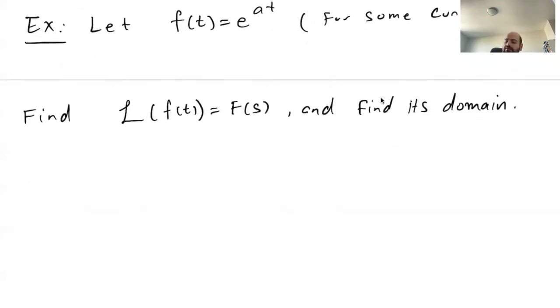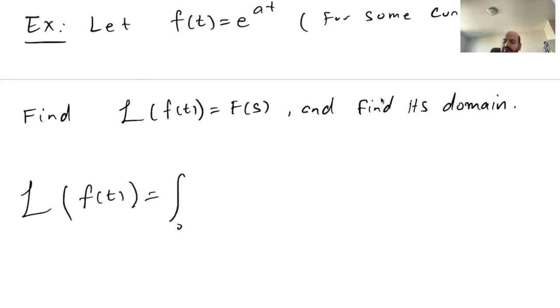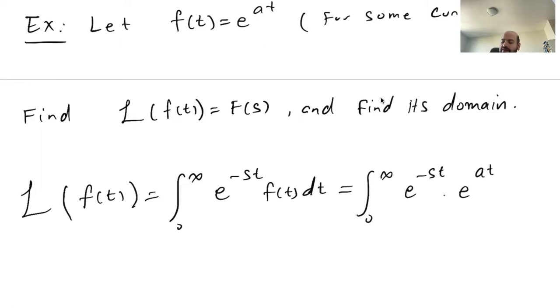So the Laplace transform of f of t, again, we know that is integral 0 to infinity e to power minus st f of t dt. And I can write this as integral 0 to infinity e to power minus st times e to power at dt. My f of t is e to power at.